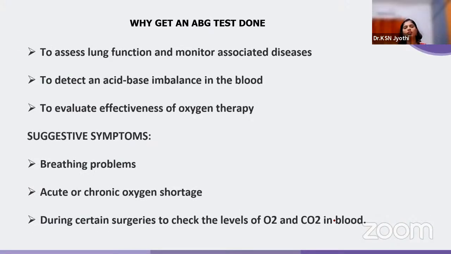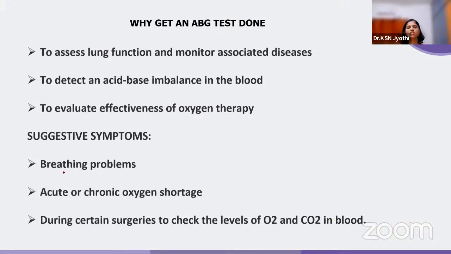So why do you get an ABG test done? Basically, whenever you observe a respiratory problem, anything associated with impaired lung function, difficulty in breathing, or conditions like nausea, vomiting, confusion, these normally suggest an issue with your respiratory system.